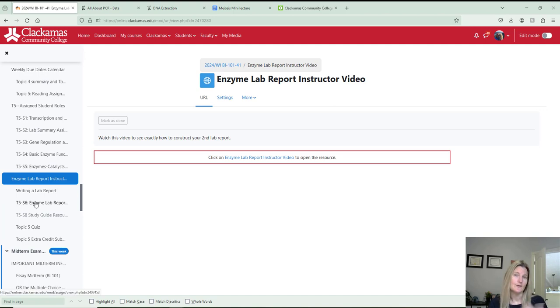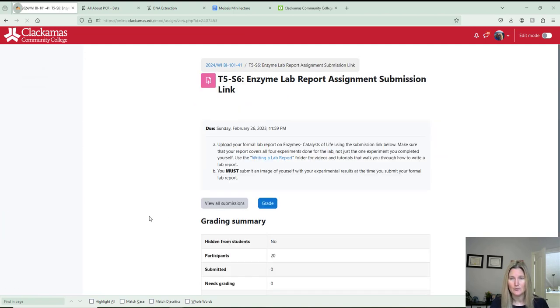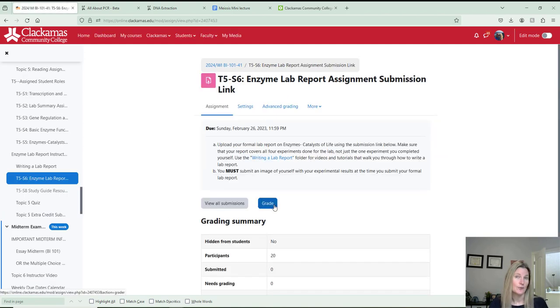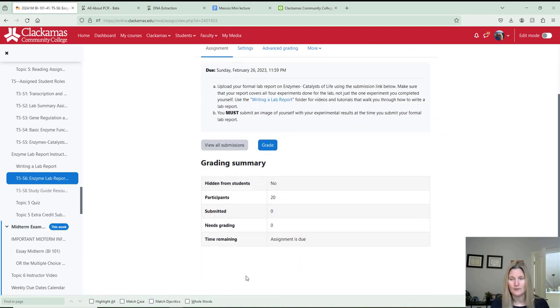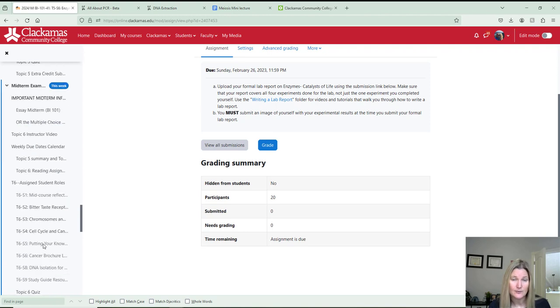And then once you've written your lab report and you're ready to submit, don't forget to grade your lab report using the rubric. So I'm in instructor mode, so I can't show you, but it'll look a little different in your view. Well, you'll have the rubric right below it, below where you submit it. So be sure to check that before you actually submit, so you don't leave anything out. Okay.